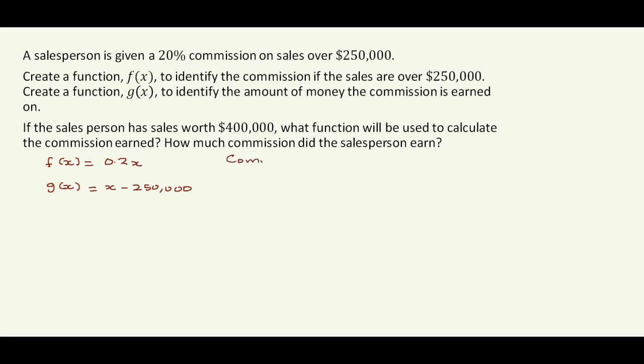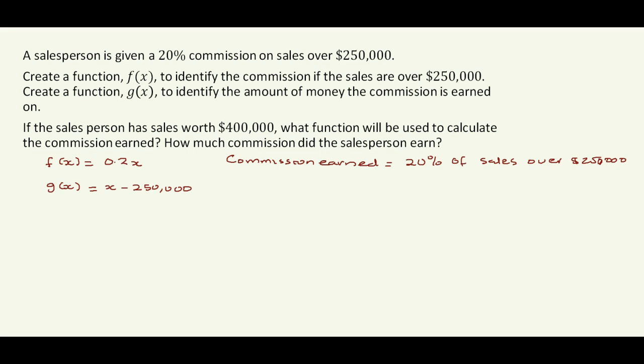So commission earned is equal to 20% of sales over 250,000. So the first thing you want to find out is what is the amount of money that he can earn a commission on.